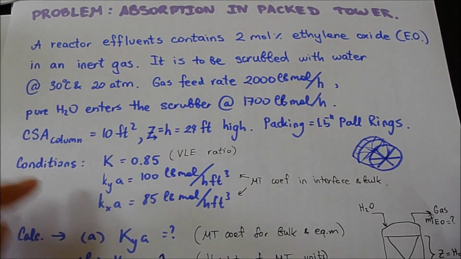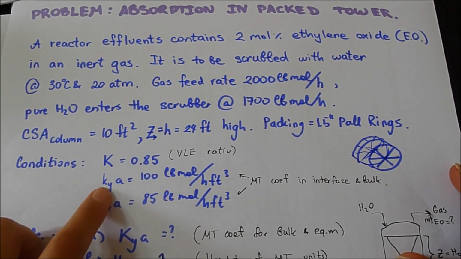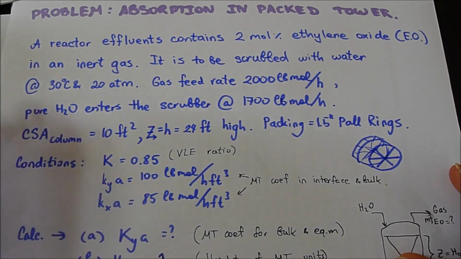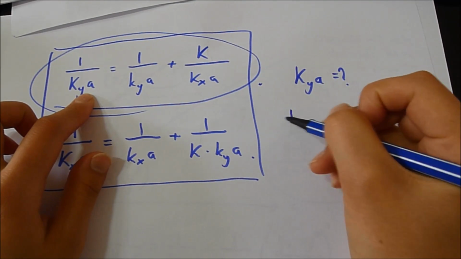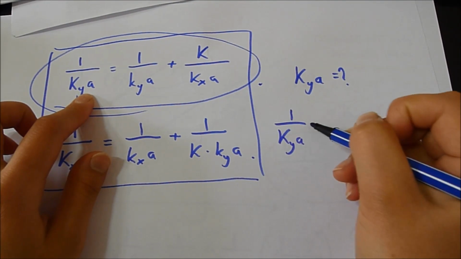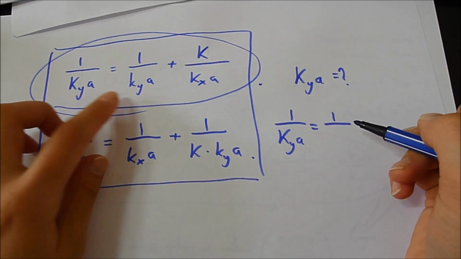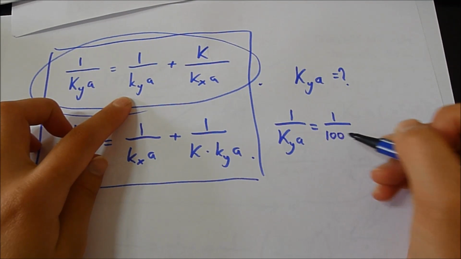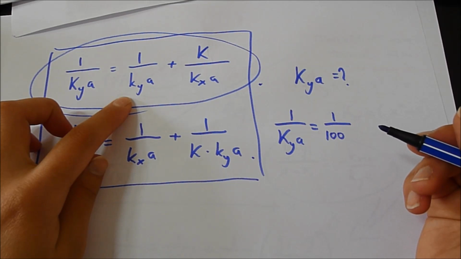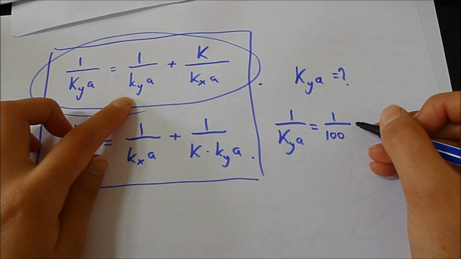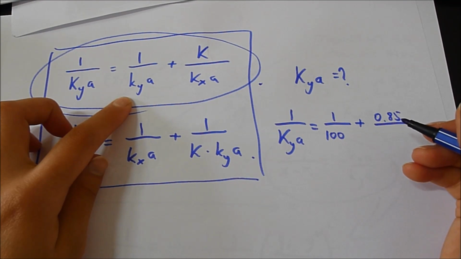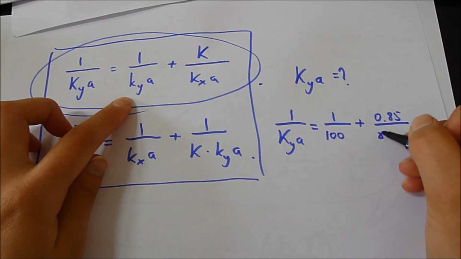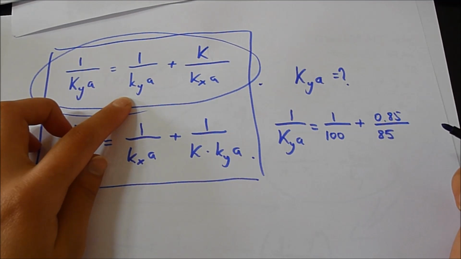So in our problem statement, big K is given, small Kya and small Kxa are given. So we can plug it into this equation. 1 over big Kya is equal to 1 over small Kya, which is 100 pound moles per hour per feet cubed, plus K, which is 0.85, over small Kxa, which is equal to 85 pound moles per hour per feet cubed.